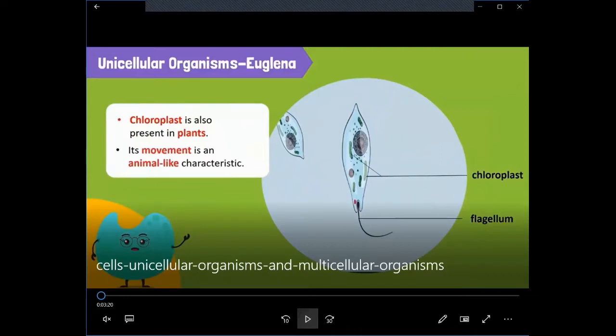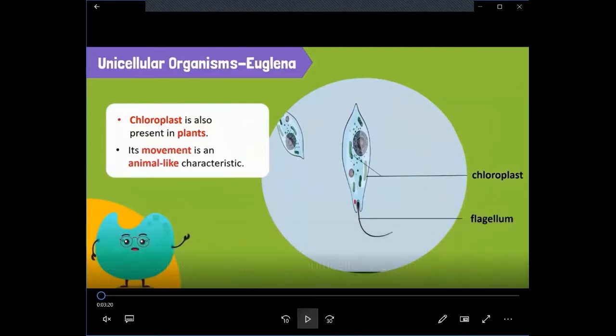How does euglena move? It has a tiny tail-like structure, and this tiny tail that makes them move is called flagellum. Say it again, flagellum. What does the flagellum do? Correct. The flagellum of the euglena makes the euglena move.